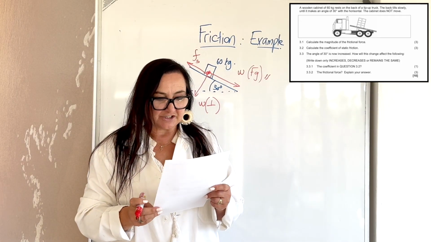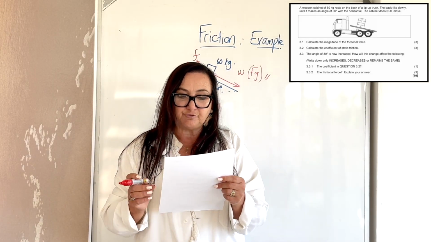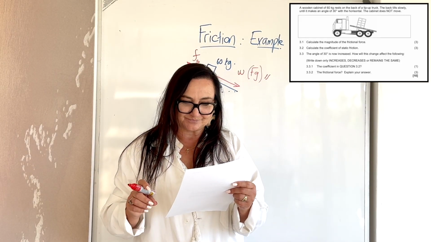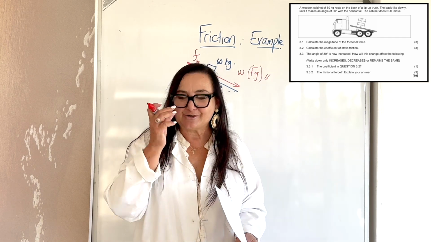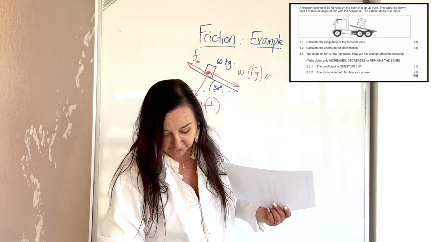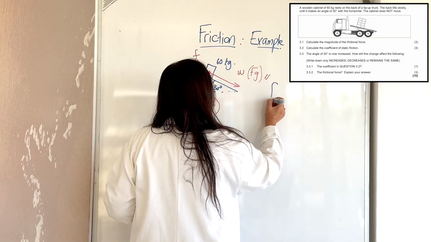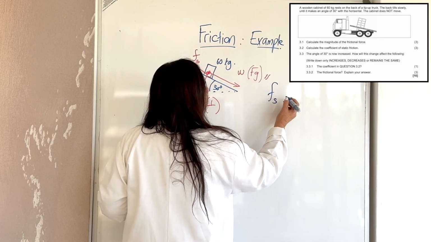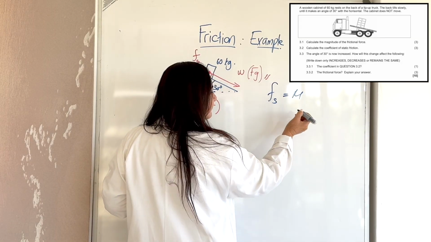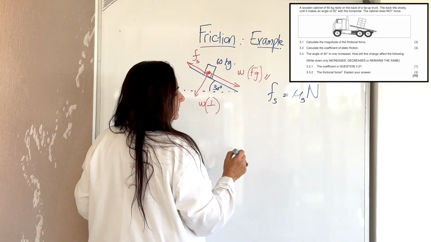All right, let's continue. Now it says, calculate the magnitude of the friction force. Now, we know there is a formula that we can work out friction: Fs max equals the coefficient, if I do have that, times the normal.